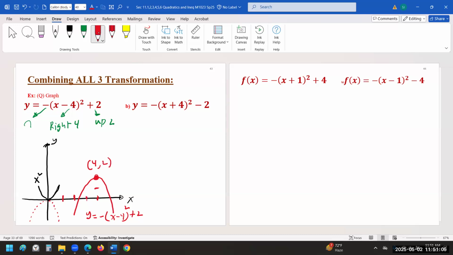So pass it to the original one here, and then it becomes upside down. And then maybe the vertex.